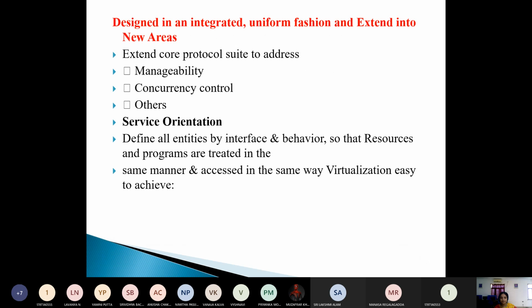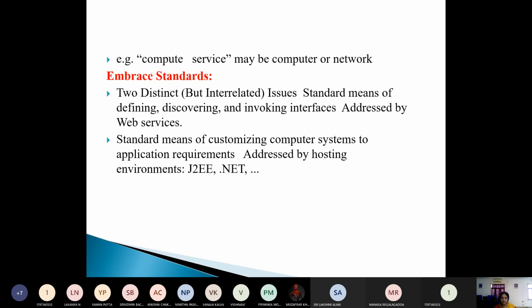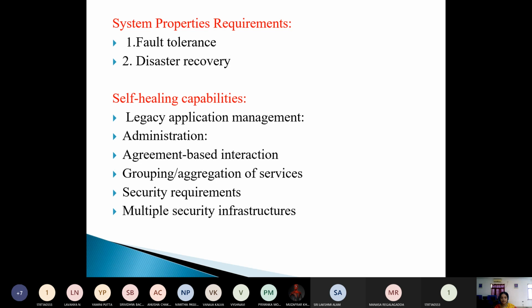Next, coming to system property requirements: fault tolerance and disaster recovery. I just told you that fault tolerance is a property of this system.